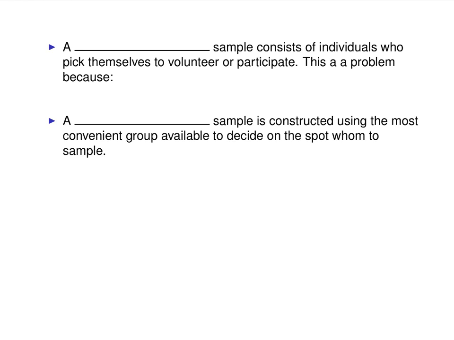Okay, next slide. A blank sample consists of individuals who pick themselves to volunteer or participate. So that is called a self-selected sample. People select themselves. There's a good example with reference to college that is a good example of a self-selected sample.